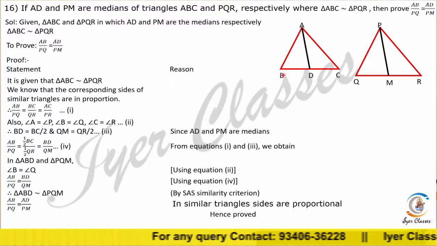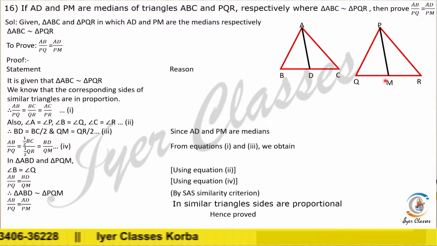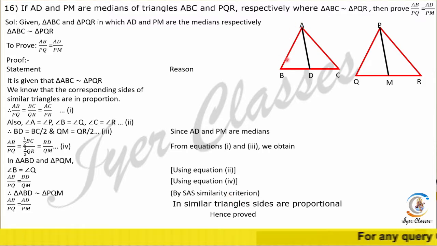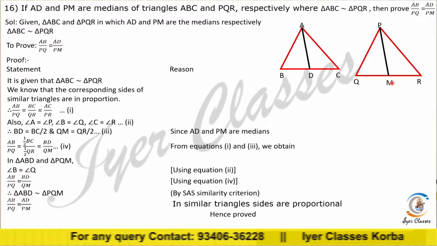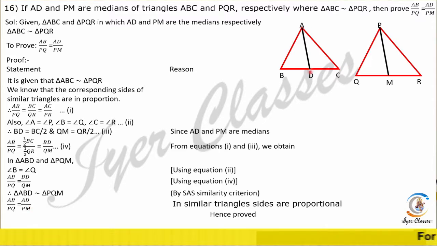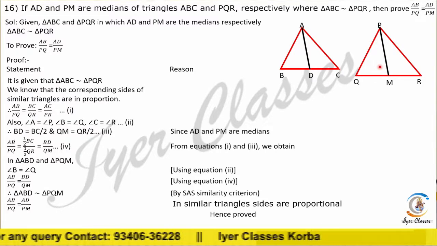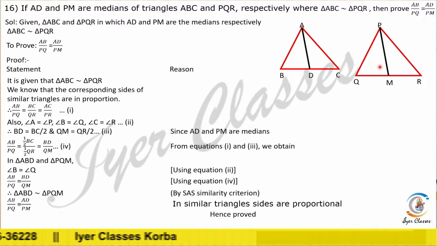So, triangles ABD and PQM are similar by SAS similarity criterion. Now, that will make AB by PQ equal to AD by PM, because in similar triangles, the sides are proportional. Hence proved.